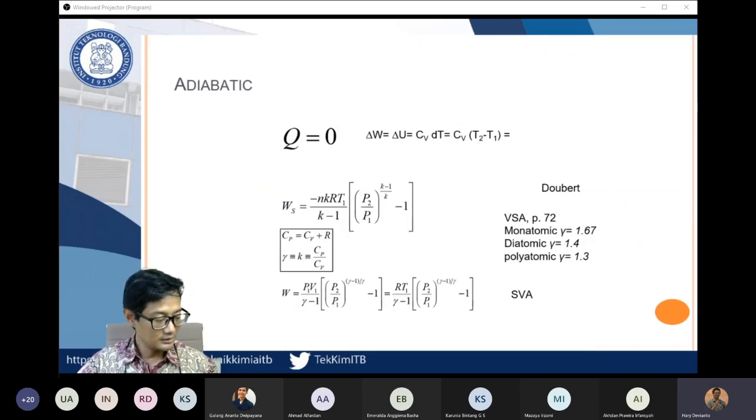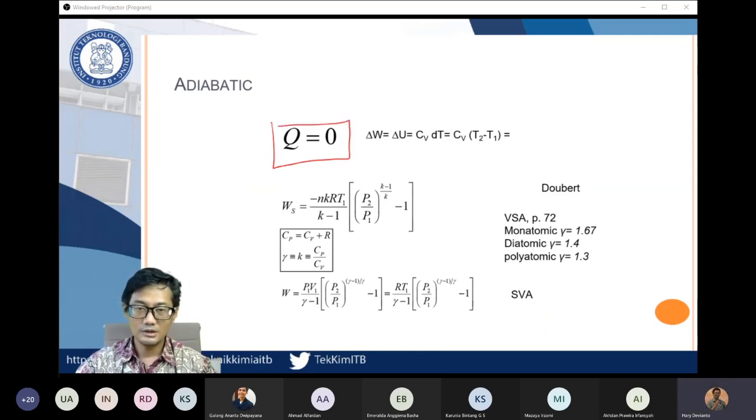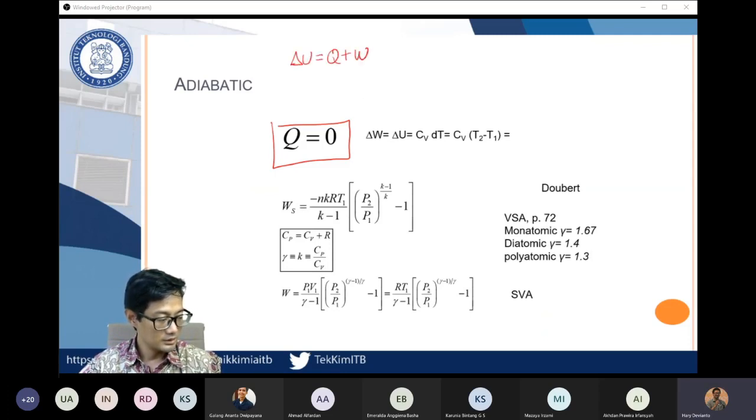Let's evaluate the adiabatic condition. In the adiabatic case, there will be no heat transfer from the system to the environment. So if we write delta U is equal to Q plus W, Q is equal to 0. In other words, delta U would be equal to work.